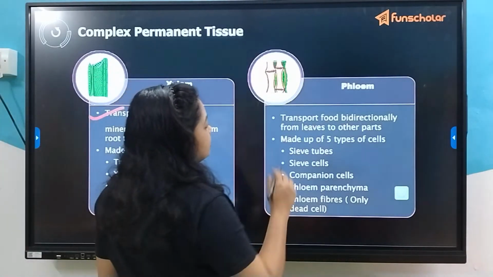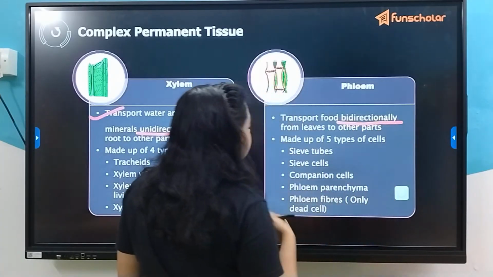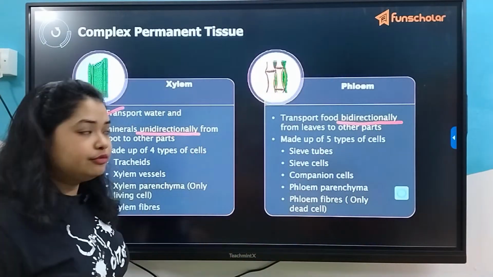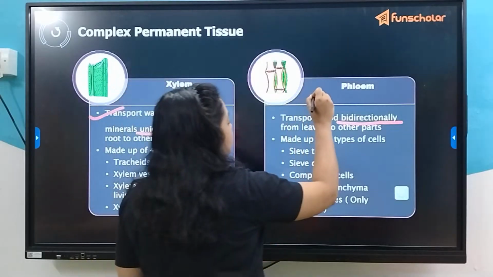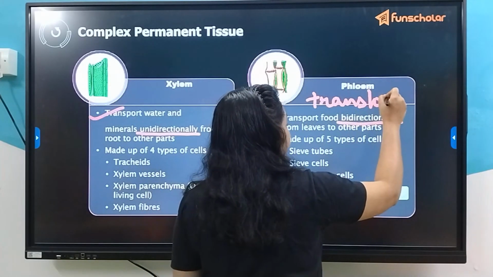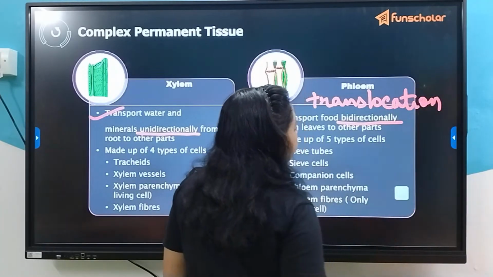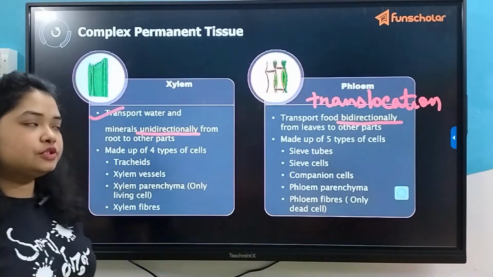And phloem is transporting food bidirectionally. Now, transportation of food by phloem is also known as translocation. That means translocating the food molecules.